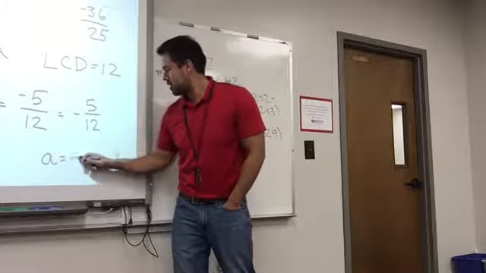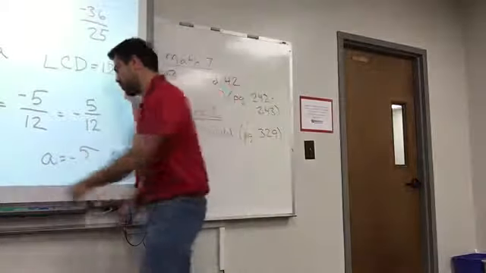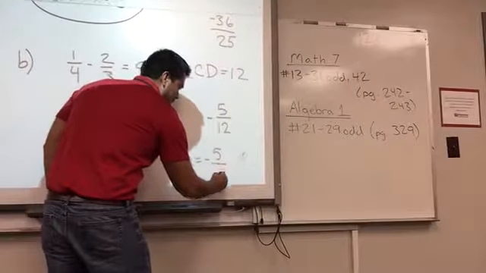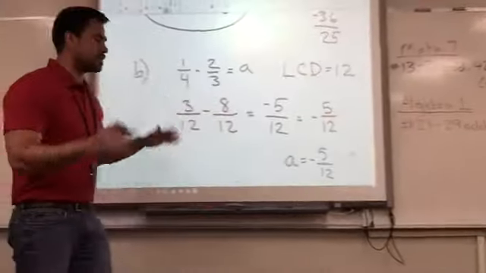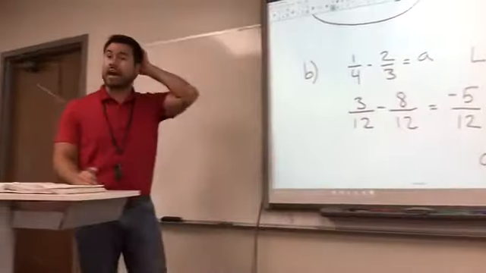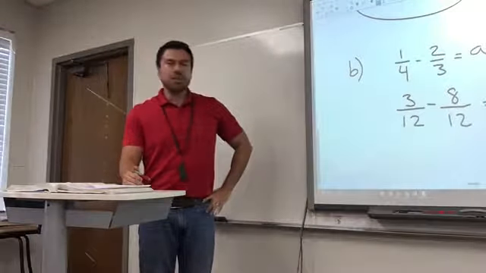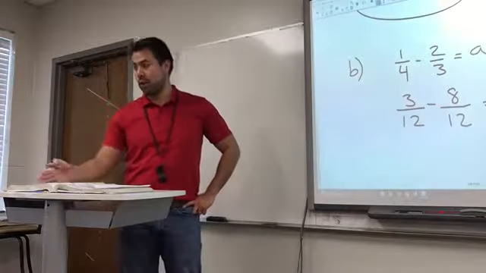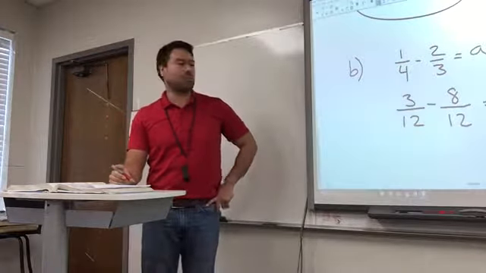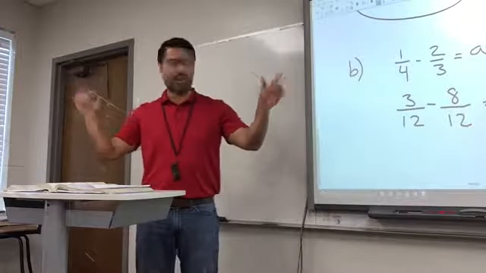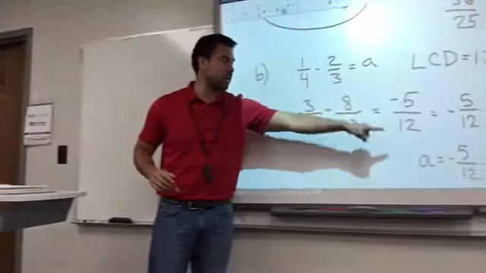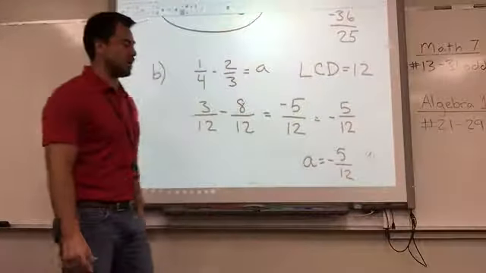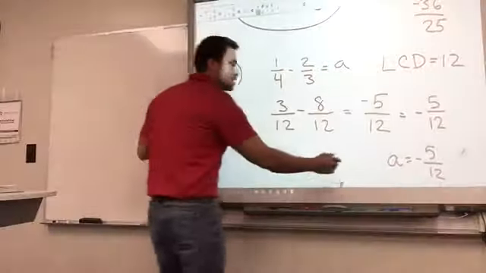A equals -5/12. In fact, if you can do that pretty consistently, you're already getting ready for Algebra 1. When I was teaching Algebra 1, we had to be able to write it either way, like this or like that. Okay, but anyway, that's my answer.